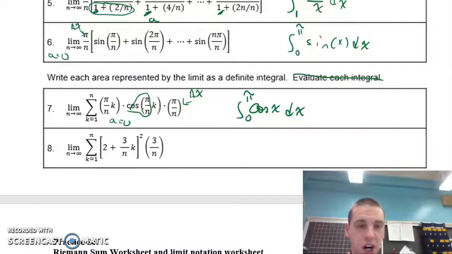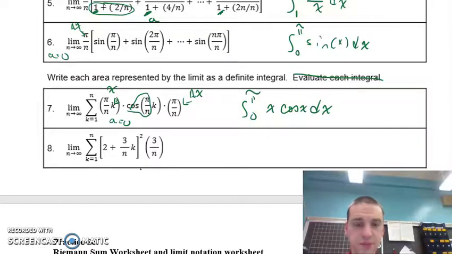The one other thing that I just forgot here is that there's a k, so we know that it's x cosine x dx. Let me rewrite that for you. Got a little ahead of myself there. So we go 0 to pi. This is another variable. We have a k there, which shows us it's a variable. So we're going to go x cosine x dx.